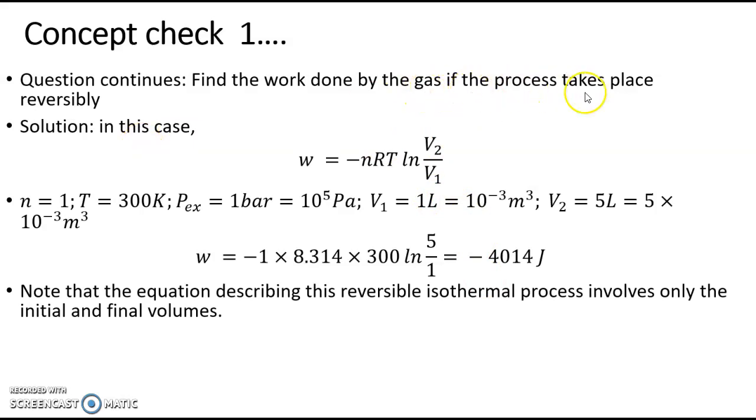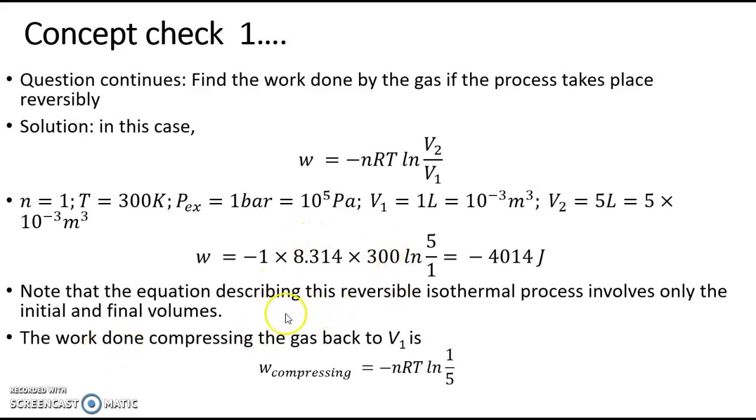So the question is, find the work done if the process takes place reversibly. Okay, so out of curiosity, you note the equation describing this involves only the initial and final volume. So if we were to compress it back, it means that our final volume is now 1 and the initial is 5.